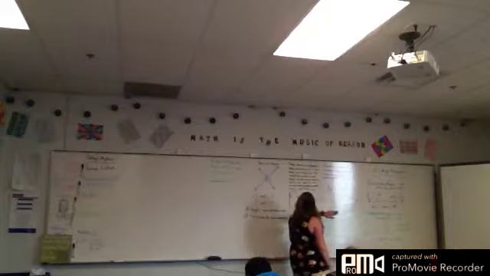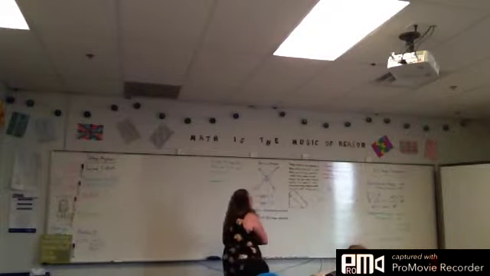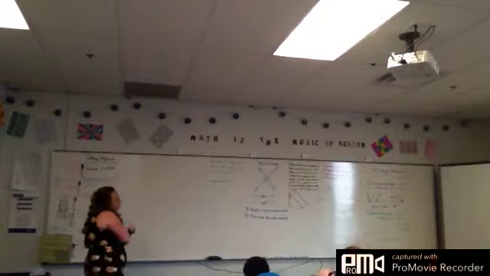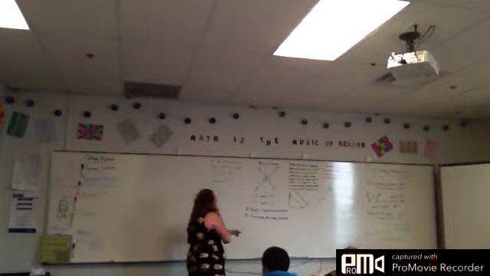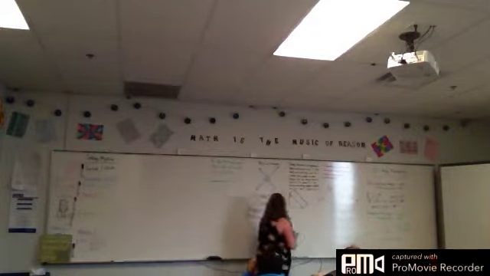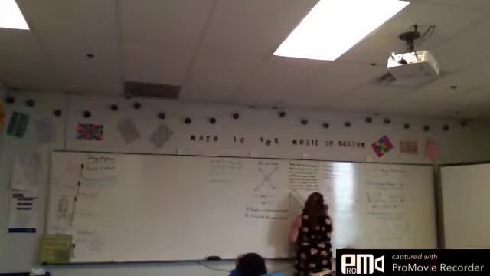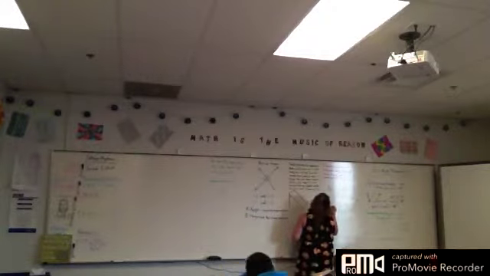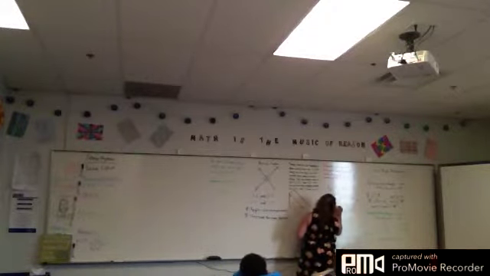Here it wants us to identify all pairs of complementary angles and supplementary angles in the quadrilateral ABCD. So what would be some complementary angles in this quadrilateral? A and D. You think angle A and angle D?